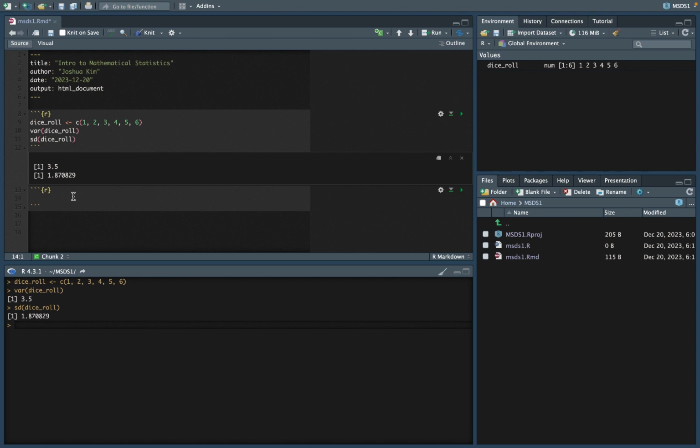And then for our covariance and correlation, obviously we can't use the dice roll. We need to create the two other vectors that we created before, in this case our hours of sleep and the grades. These are the exact numbers I used on my blackboard.